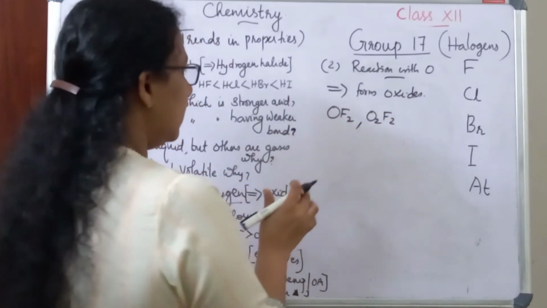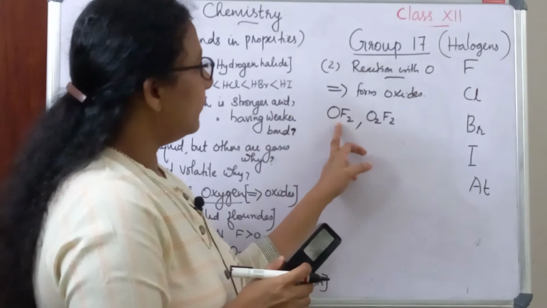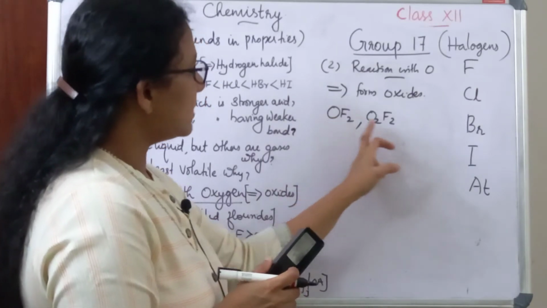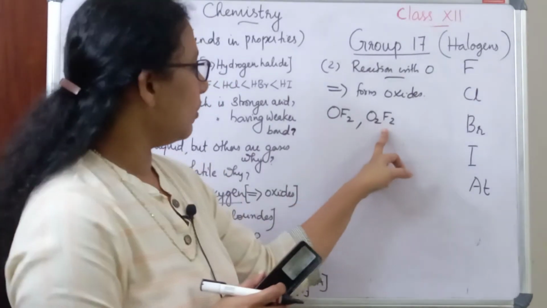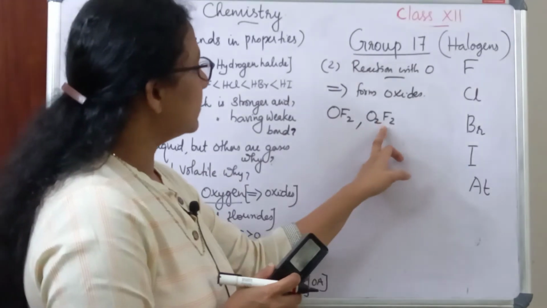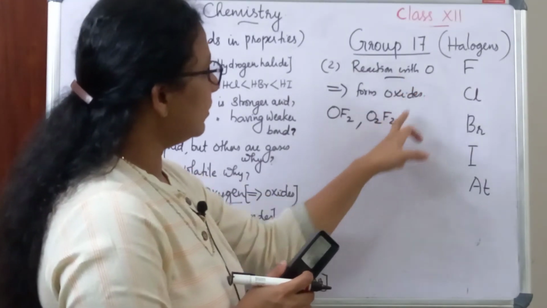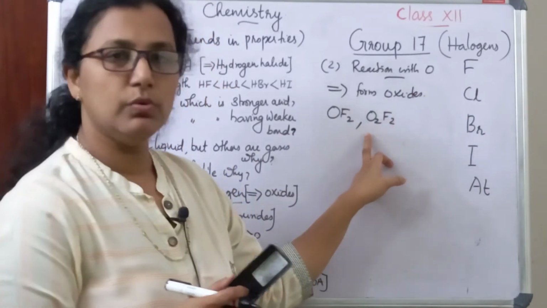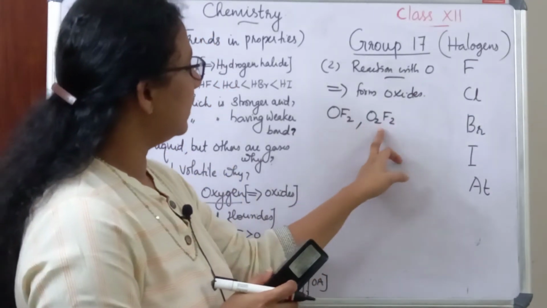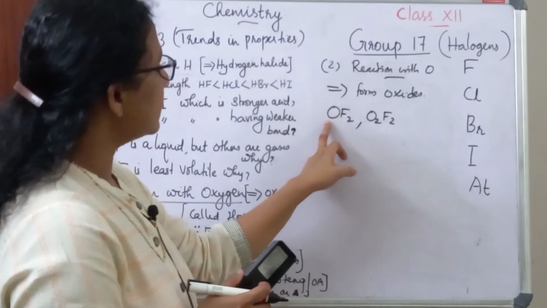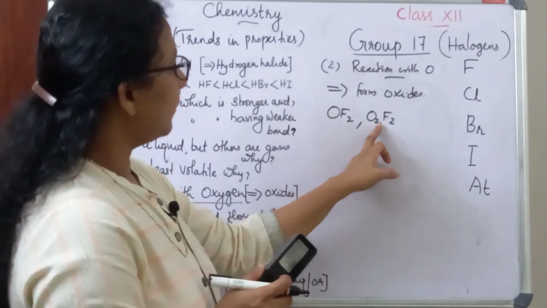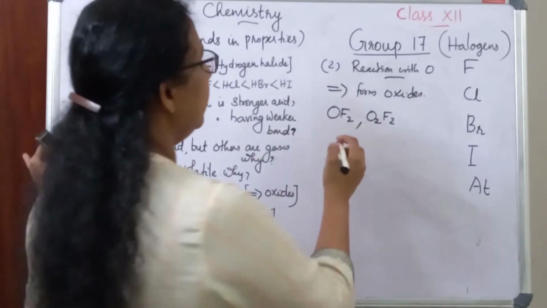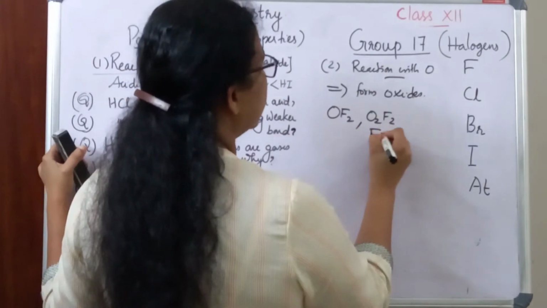Actually, in this case we can say it is fluorides, not oxides. These are the reactions of oxygen and fluorine. The products are almost unstable, but these two are a little stable, and these products are called fluorides.